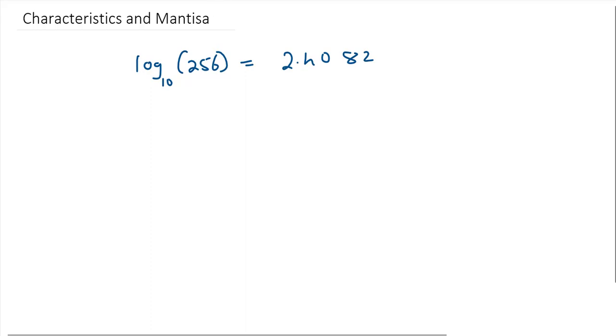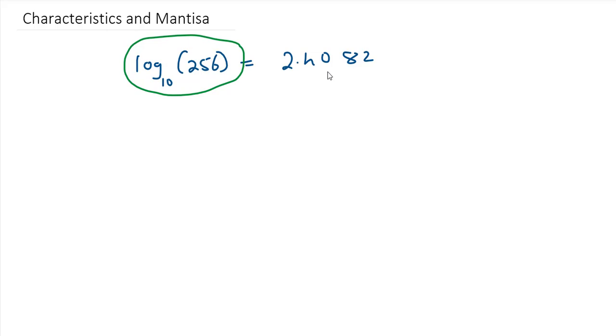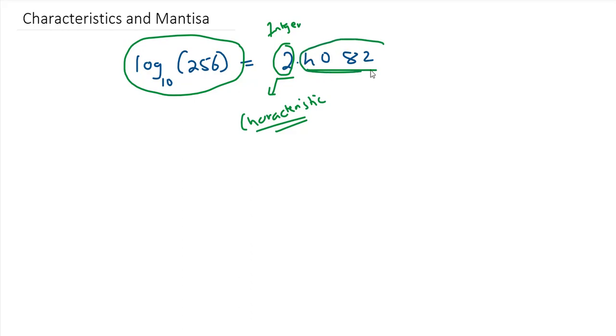As you can see, the value of any logarithm will consist of two parts, the integer part and the decimal part. The integer part is called the characteristic of the logarithm. And the decimal part of the logarithm is called the mantissa.